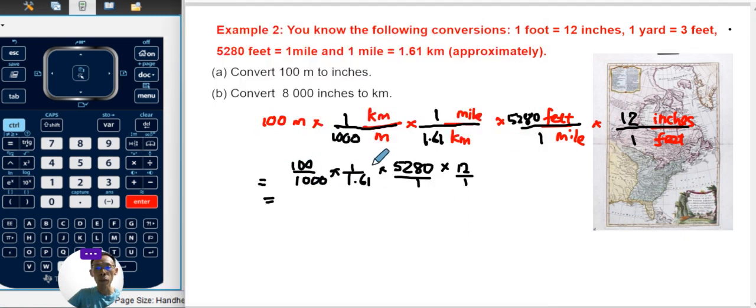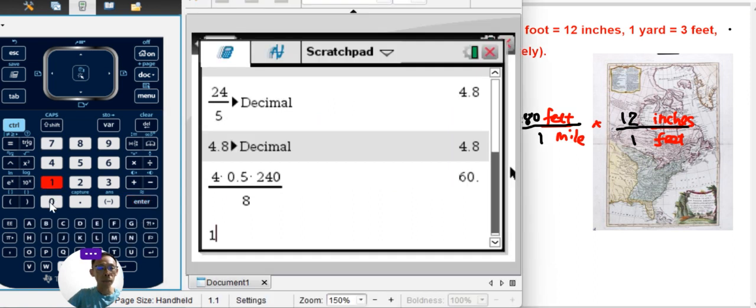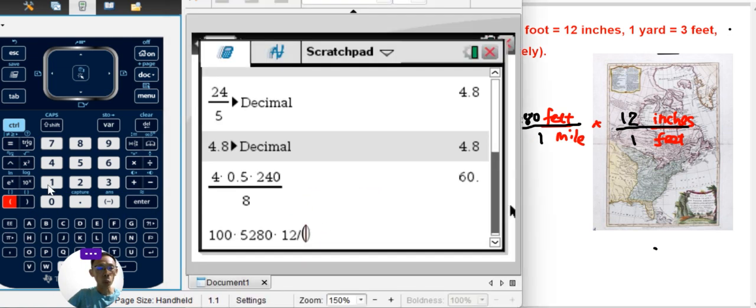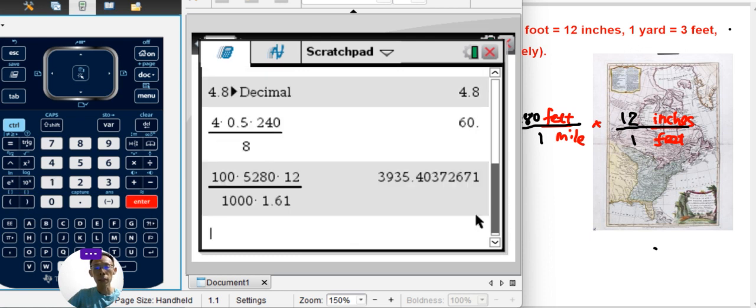So it's 100 times 5280 times 12, and then divide. Make sure you have a bracket, and then everything at the bottom. So 1,000 times 1.61, and then close bracket, and then press enter.